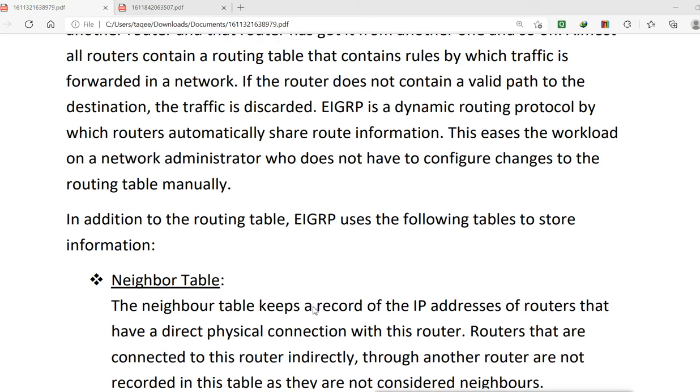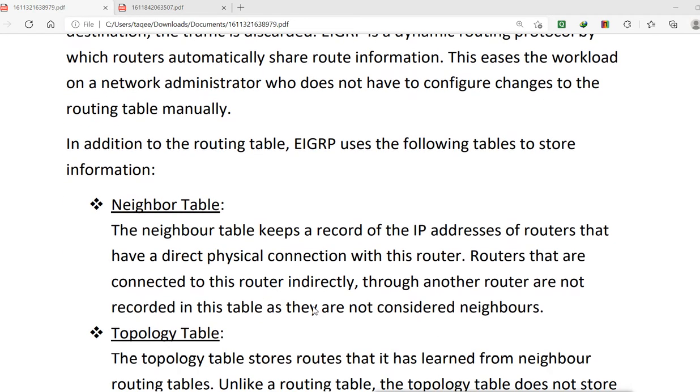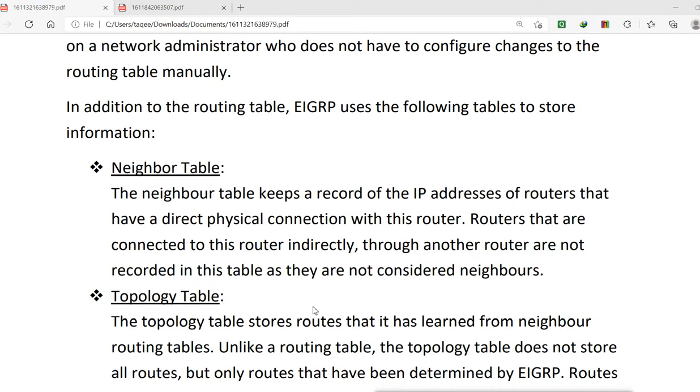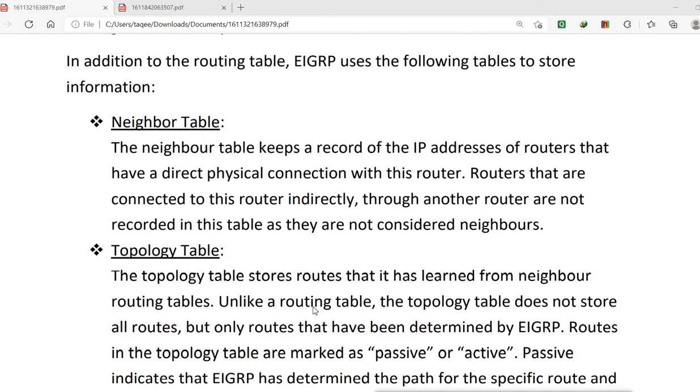Now, in addition to the routing table, EIGRP uses the following tables to store the information. First, the neighbor table. The neighbor table keeps a record of the IP addresses of routers that have a direct physical connection with this router, and routers that are connected to this router indirectly through another router are not recorded in this table, as they are not considered neighbors.